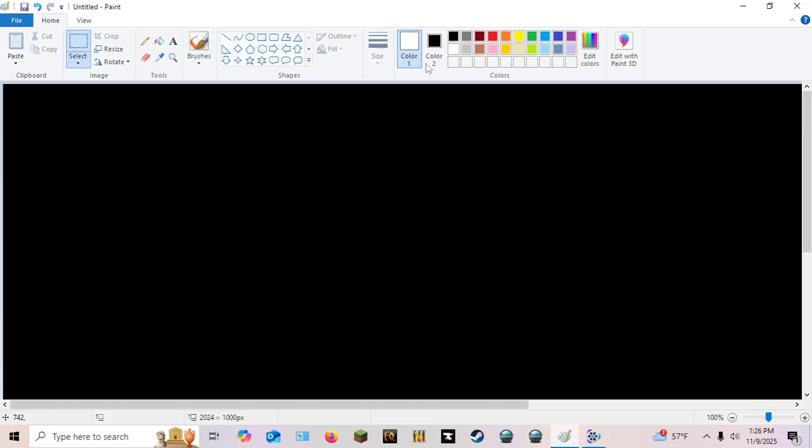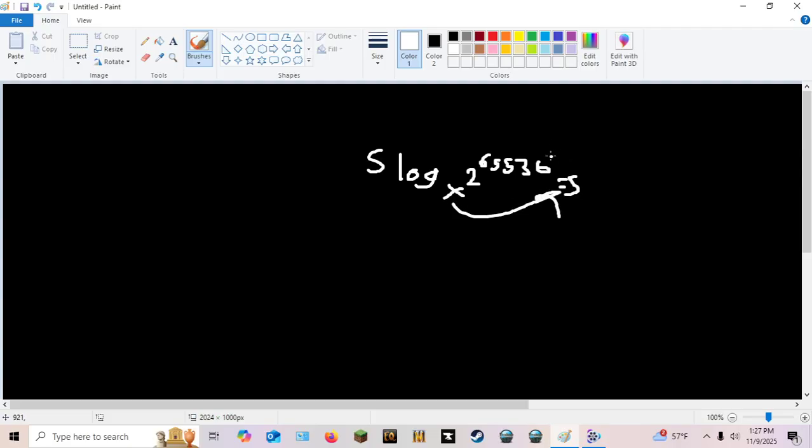Let's try another example. The super logarithm base x of 2 raised to 65,536 equals 5. I need to convert to tetrational form. x tetrated to 5 is equal to 2 raised to 65,536.